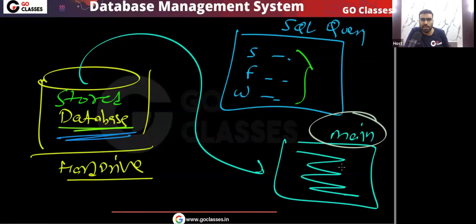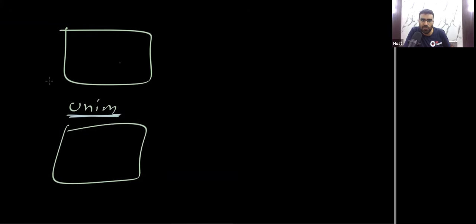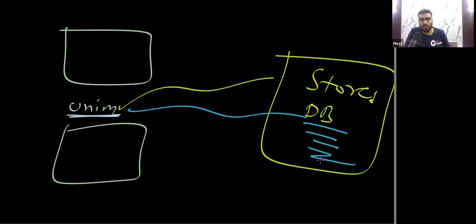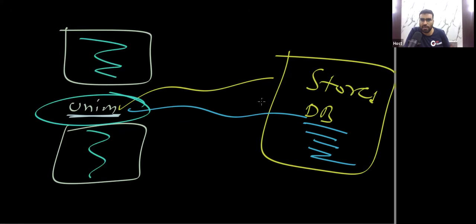For example, when you have a query with union, I told you that union will ignore the duplicates in the input tables. It's not that union will go and remove the duplicates from the stored database. Union will ignore the duplicates in the input tables in the main memory.